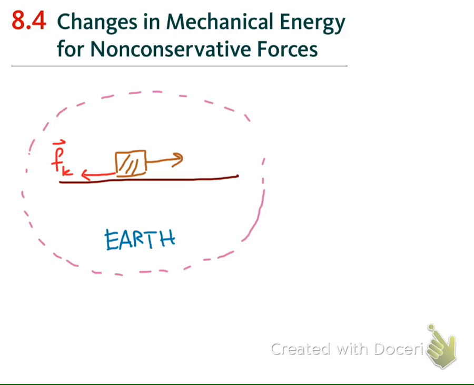We know that the earth will exert the gravitational force on the object. So we have to include the effect of this interaction in our system. It means that now we have to include the potential energy in our system.